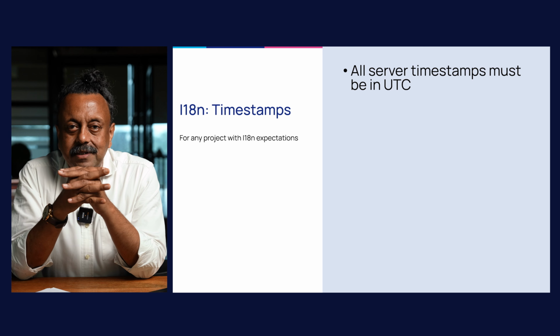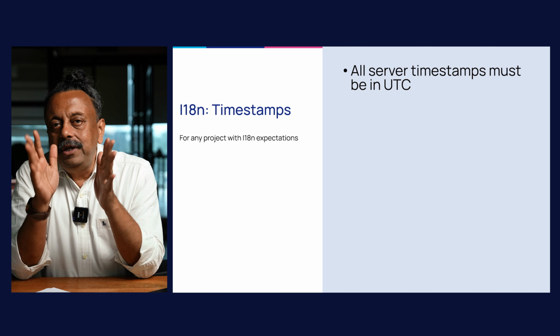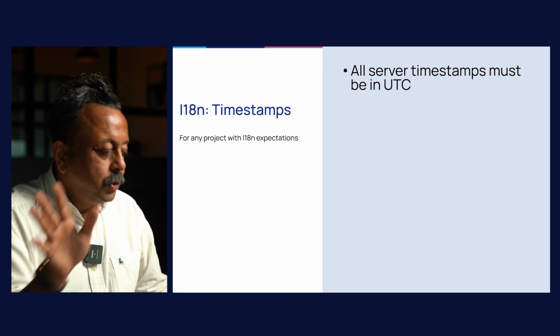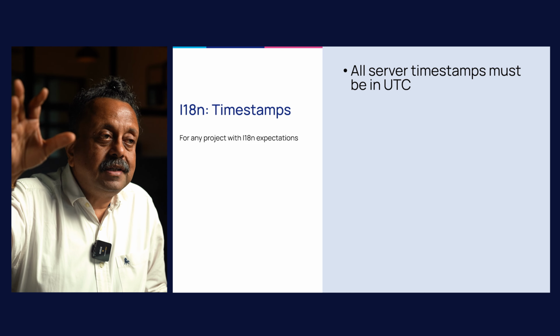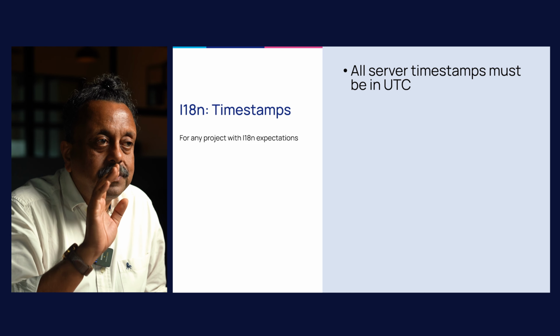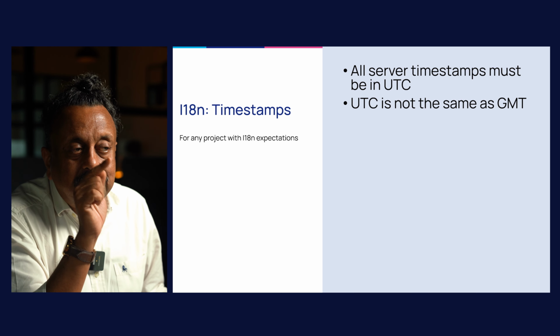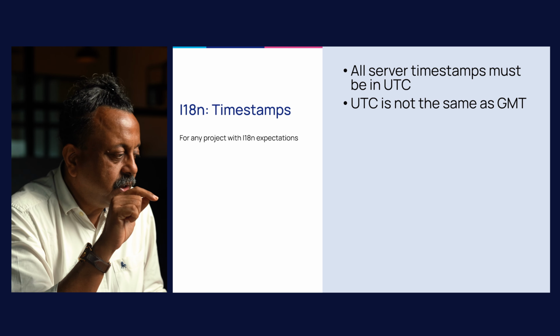All server timestamps, all columns of type timestamp in your server need to be UTC. Okay, so that becomes uniform across all your servers, even if you have servers in multiple data centers, wherever in the world they are, all timestamp columns in your database need to be UTC. All the timestamps, all the clocks running in the servers need to be set to UTC.